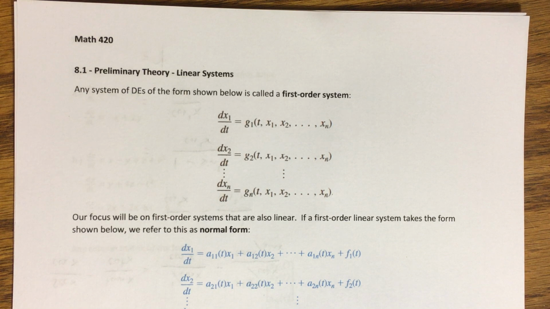Now, I will preface this entire chapter by saying, even though you don't need to have had linear algebra for this course, I am going to be assuming that you have some familiarity with working with matrices, because we are heavily concerned with matrices in this section. That's kind of one of the primary tools that we're using when we're looking at these systems.